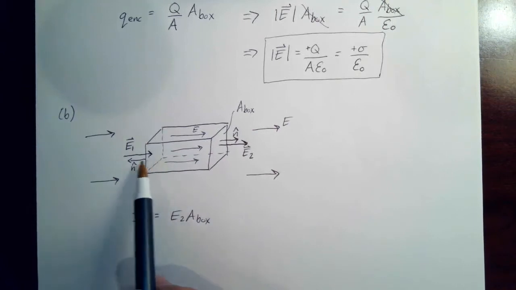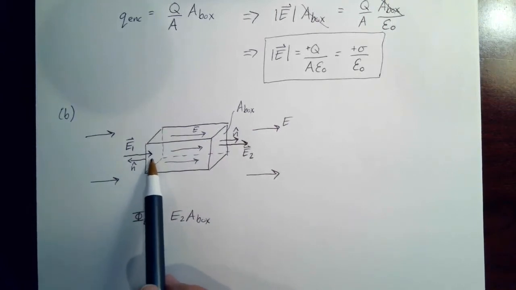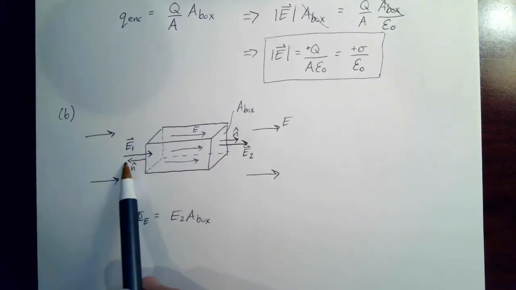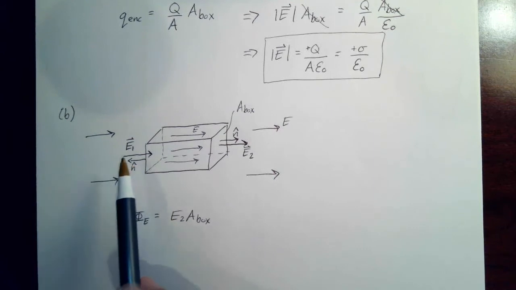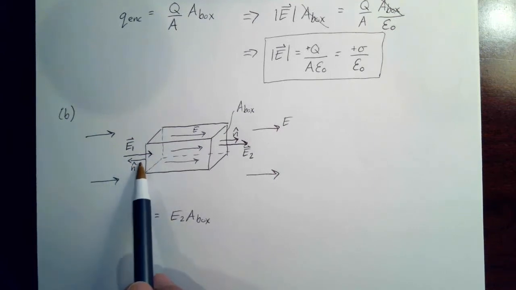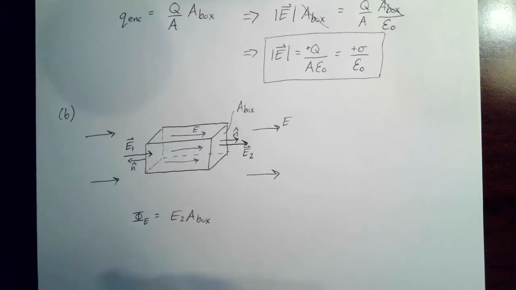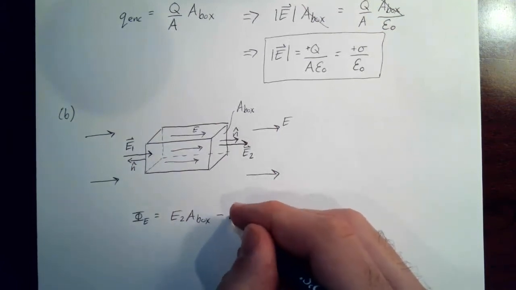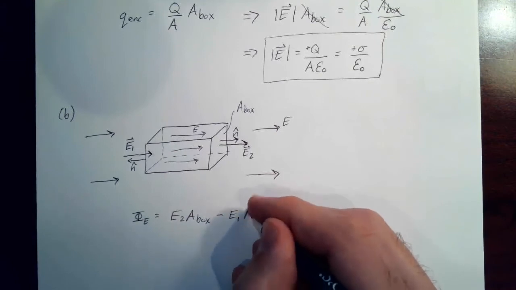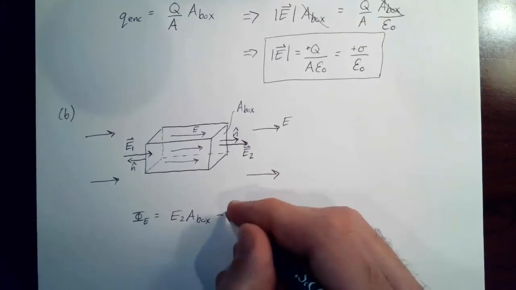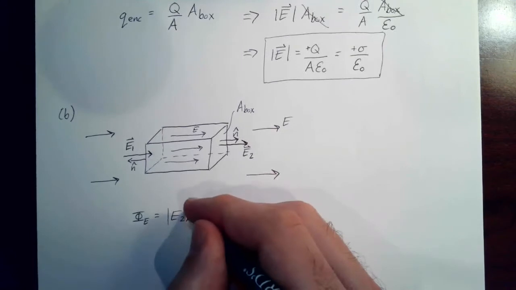Whereas over here, we have n hat pointing to the left because it has to point out of the box. E1 is going into the box, so the angle between these is 180. So cosine of 180 is going to introduce a negative sign. I'll go ahead and put my magnitudes on here as a reminder.